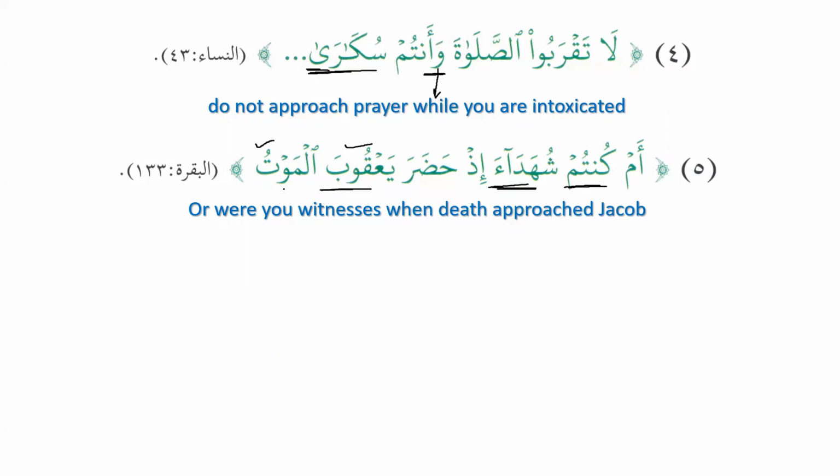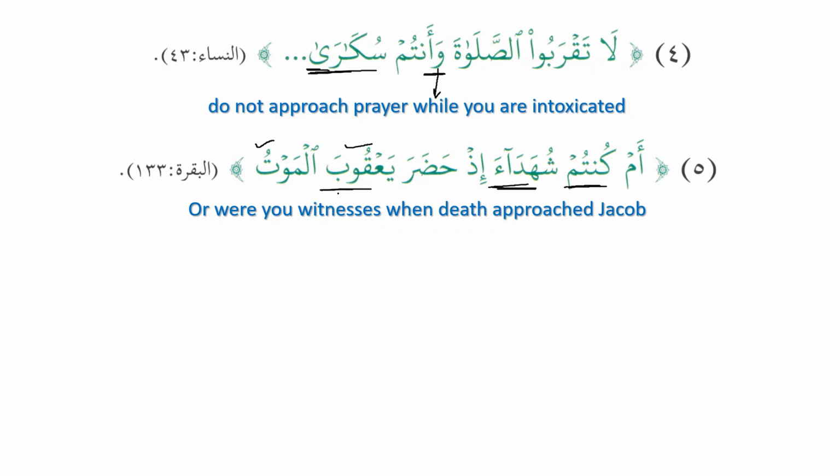So what happened over here? We can see that the maf'ul bihi has come ahead of the fa'il. And why does that happen? For emphasis, for the purpose of emphasis. It's very rare, but if you see some construction like this in the Quran, you can see that now inshallah you see the small things that we noticed. These are not small things, these are big things.